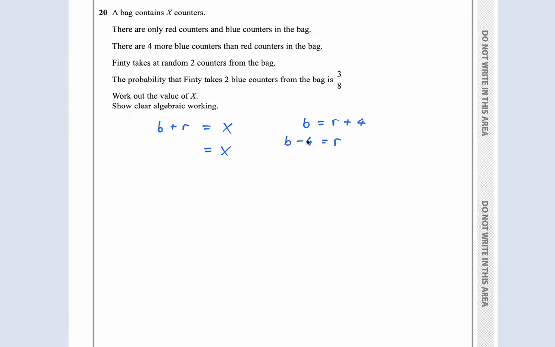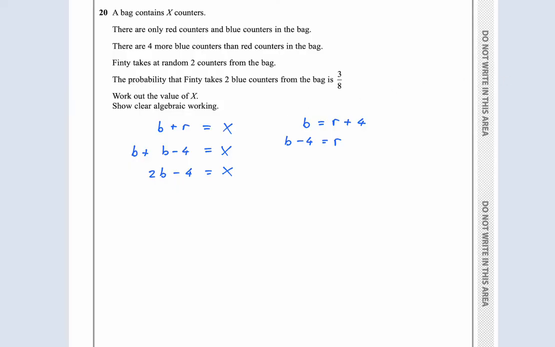So now, instead of R for red, I'm going to put B minus 4. So B plus B minus 4 is equal to X, or 2B minus 4 equals X. Okay, so that means in the bag, there are 2B minus 4 counters.